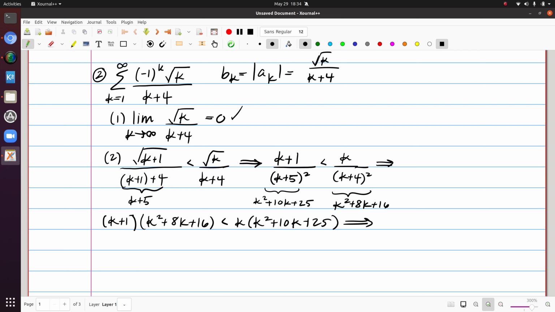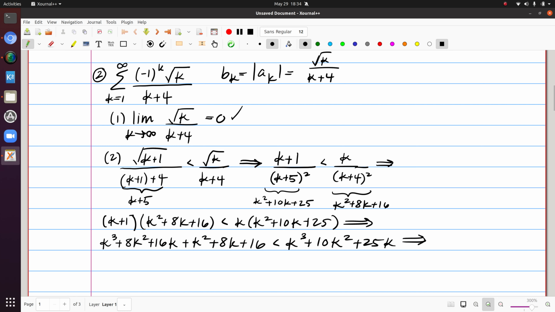If I were to multiply this left-hand side out, we'd really be seeing k cubed plus 8k squared plus 16k plus k squared plus 8k plus 16. Is that smaller than k cubed plus 10k squared plus 25k?